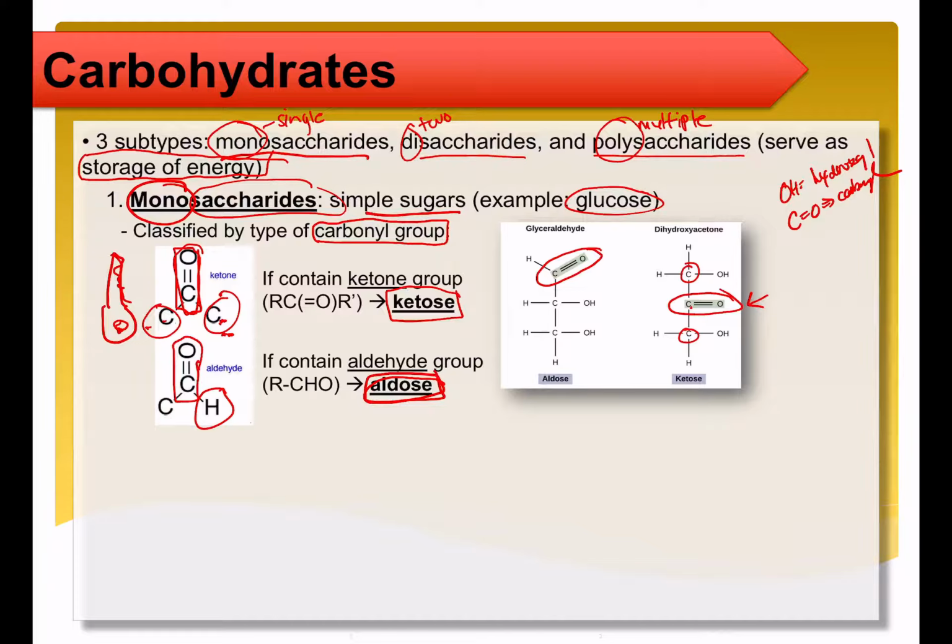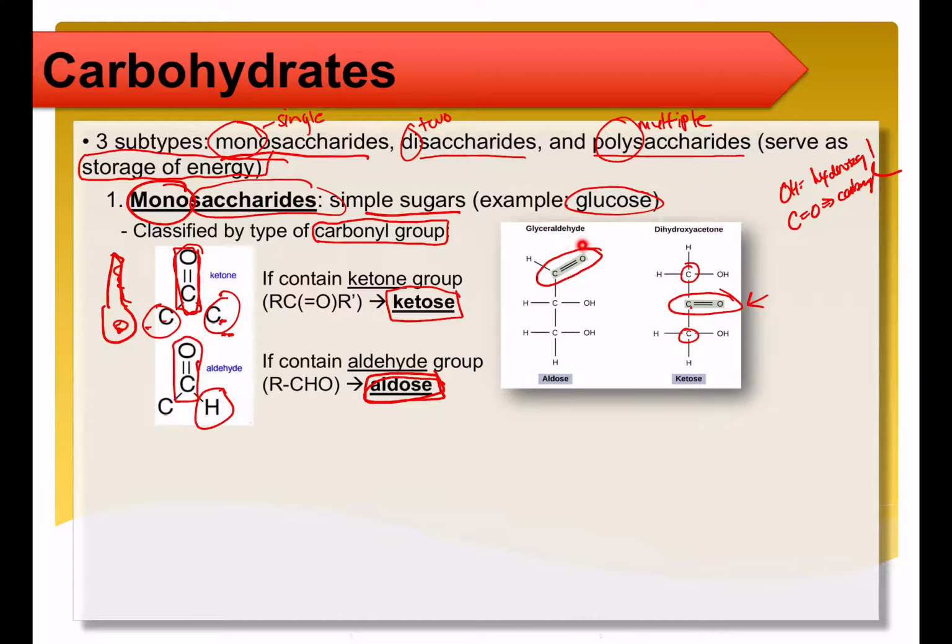You don't have to know ketone versus aldehyde, but you'll learn that in chemistry. Here, we're interested in how we can categorize glucose and your carbohydrates by where the carbonyl group is located.